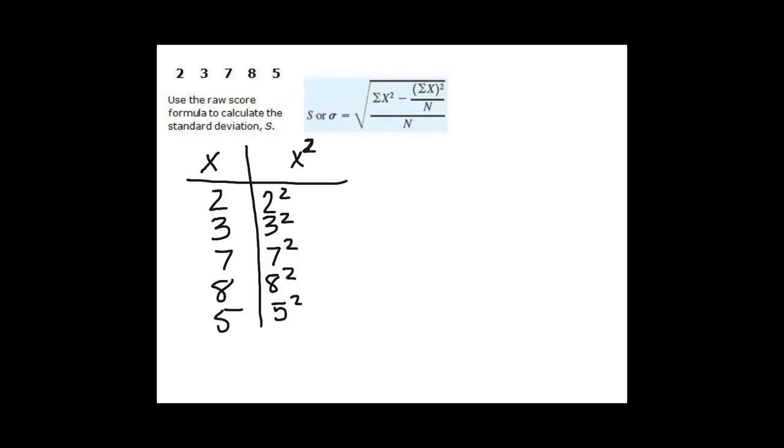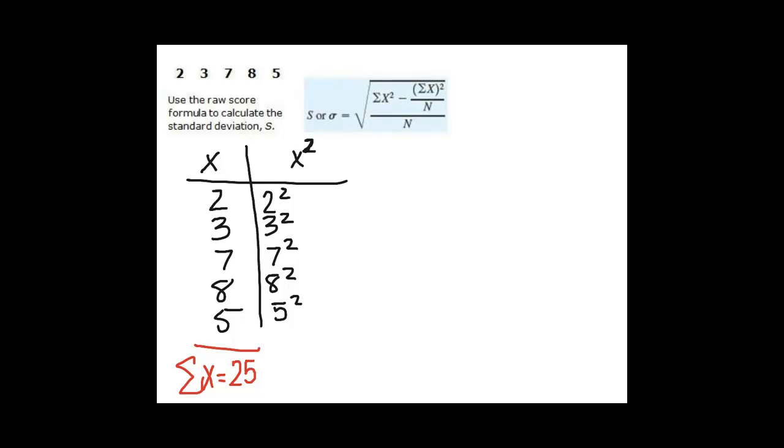After you set up the columns, you're going to calculate sums for them by adding up all the things in the column. So if I add up all the observations, 2 plus 3 plus 7 plus 8 plus 5, I get a sum score of 25.